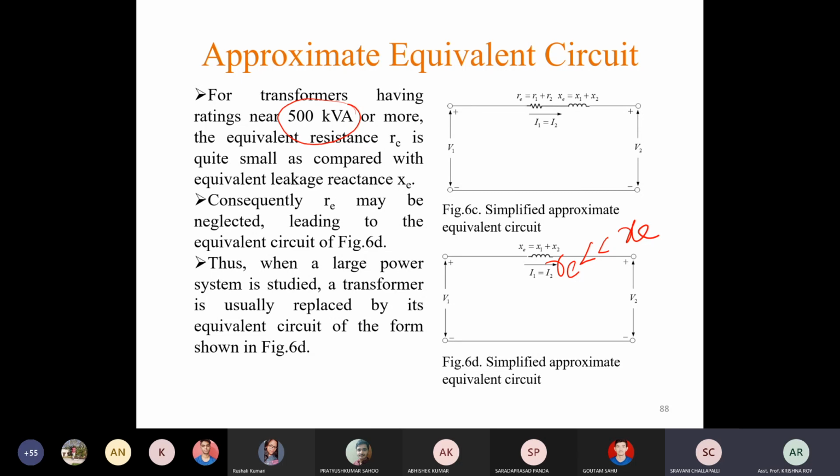That means the transformer will be denoted by this leakage reactance only. No other components are required. So in case of large power systems, which deal with a very large amount of power, we can simply replace the transformer by this equivalent circuit only.